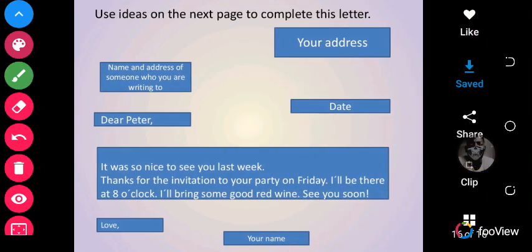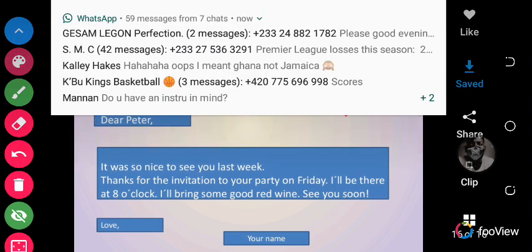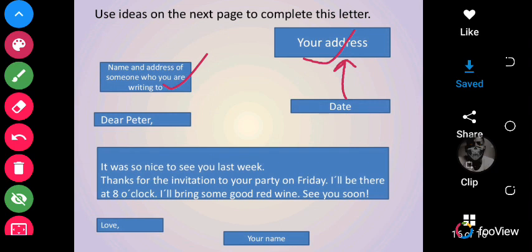So let's look at an example quickly. So your address is here, the name, address of the person you're writing to. So I said you should ignore this, move this to this part, and the salutation or the greeting is here. Dear Peter, it was so nice to see you last week. Thanks for the invitation to your party on Friday. I will be there at 8 o'clock.